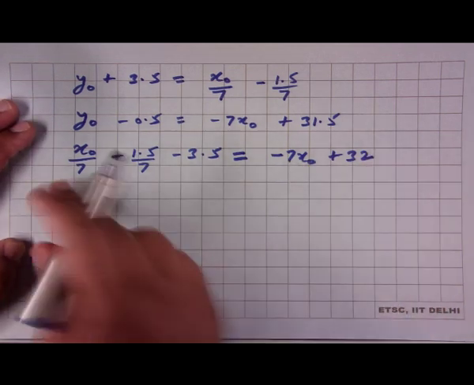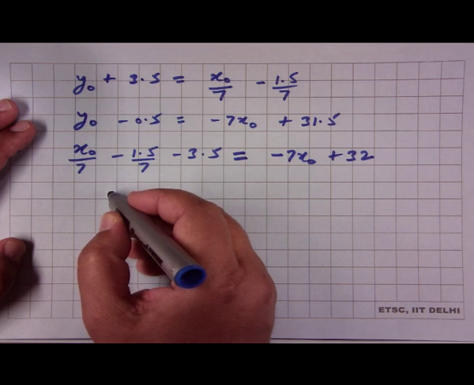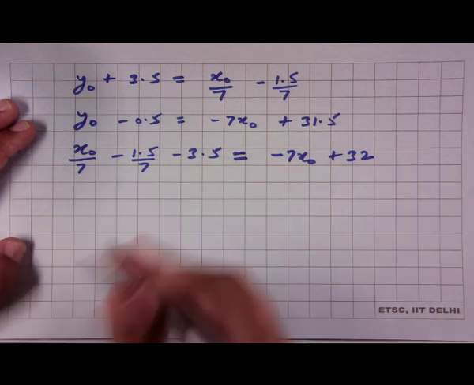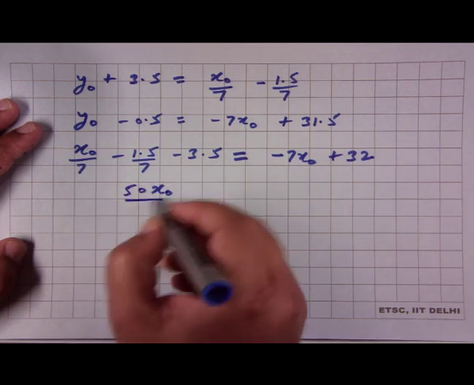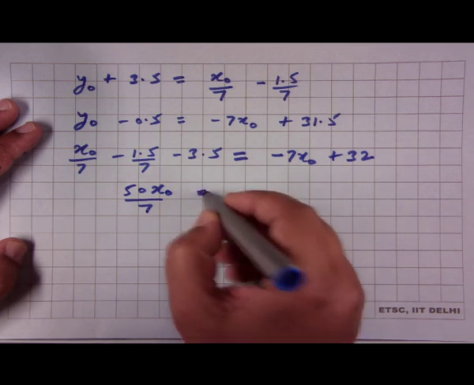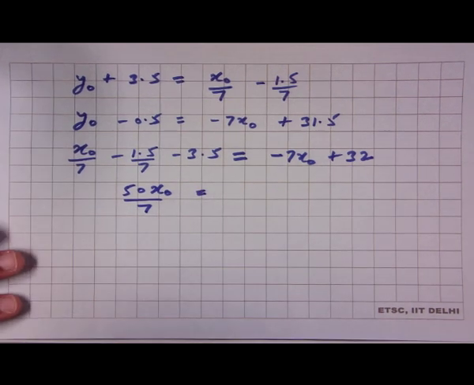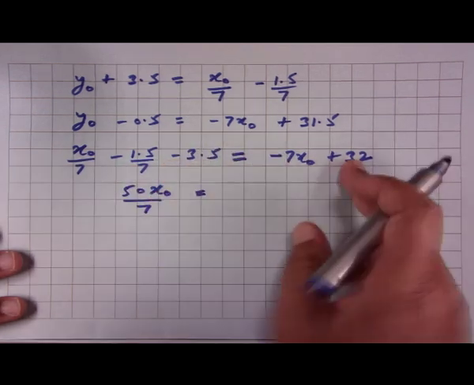and then we can get that 50 x naught by 7 equals, so we have to take this on this side.